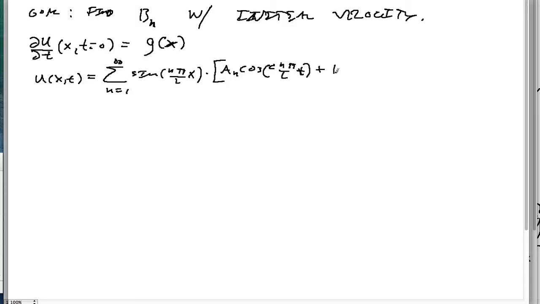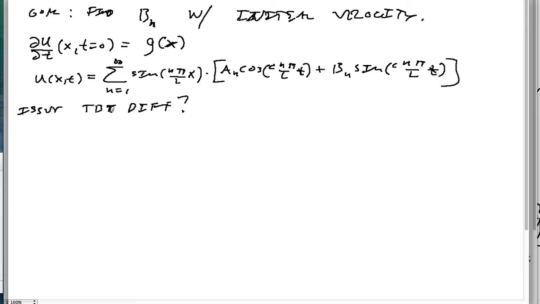But now we need to find these bn's. Okay, so what we need to do is, of course, take the derivative of u and then set the time equal to 0 and make that equal to g of x. But we know we have an issue, right? Which is term by term differentiation.